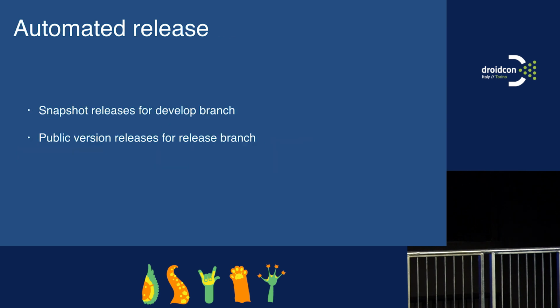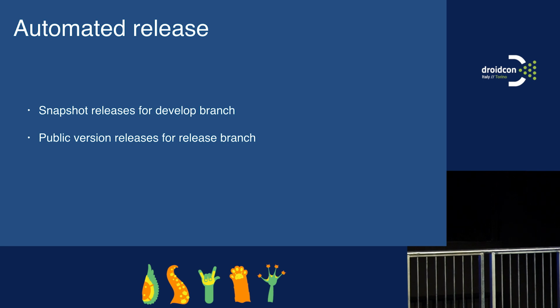Something that I mentioned before is that one of the things that our CI does for library projects is automated releases. This means that every time a pull request is merged into develop, so for every single feature, we do a snapshot release. This is completely automated, and it allows us to have small advancements in the development of our project, and then we can test more frequently in client projects as well.